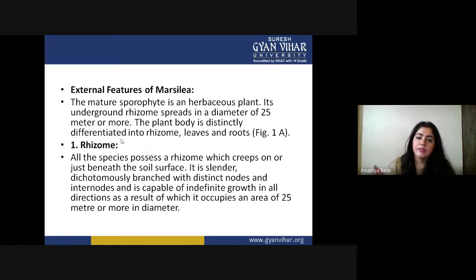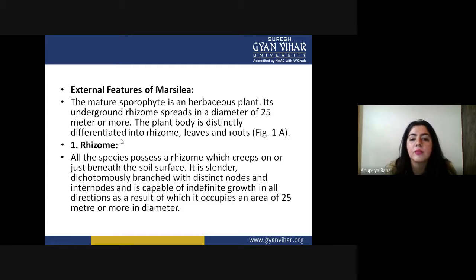These are the three structures present in Marsilea. First we are going to see the rhizome, which is a shoot kind of structure.